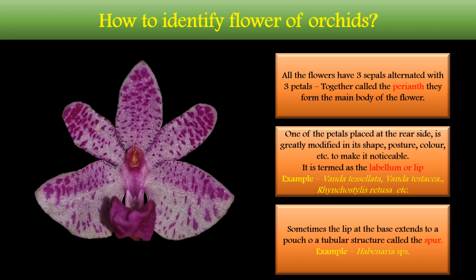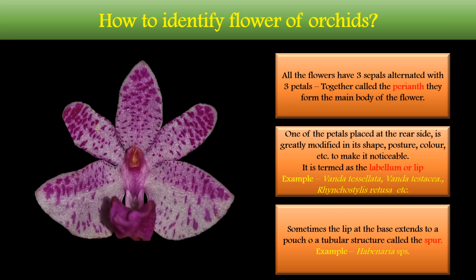Then one of the petals, placed at the rear side, is modified in its shape, posture and color, which makes it more noticeable. It is termed the labellum or lip. For example, Vanda testacea, Rhynchostylis retusa and many other orchid species have a lip modification.